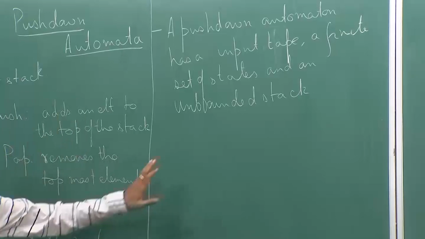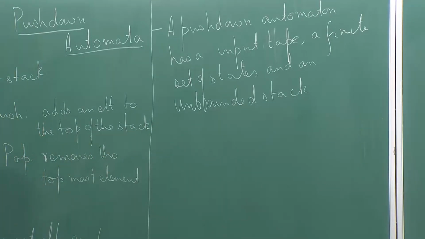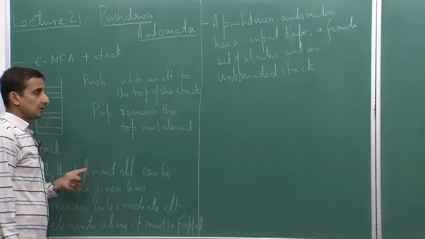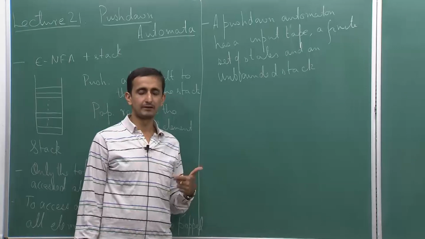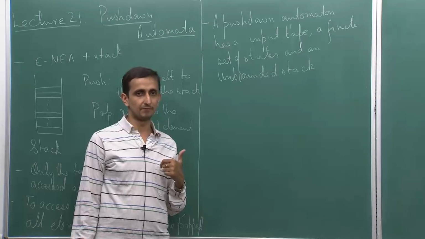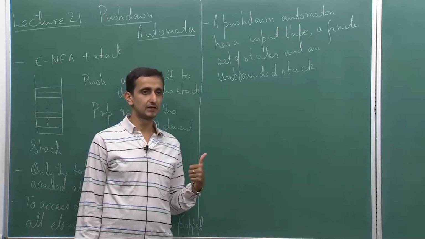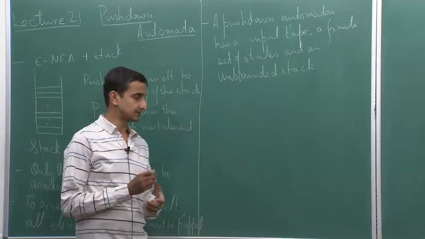Okay. A brief mention of this word unbounded: when we talk of a stack, we do not put any limit to the number of elements that it can have. In other words, the stack can store an arbitrary amount of information. That supposedly should give more power to it than an epsilon NFA.